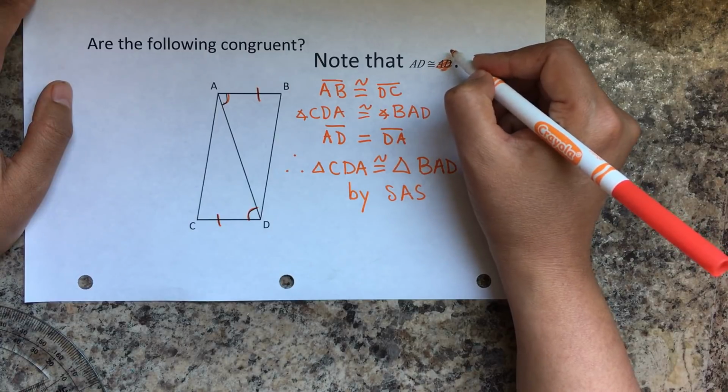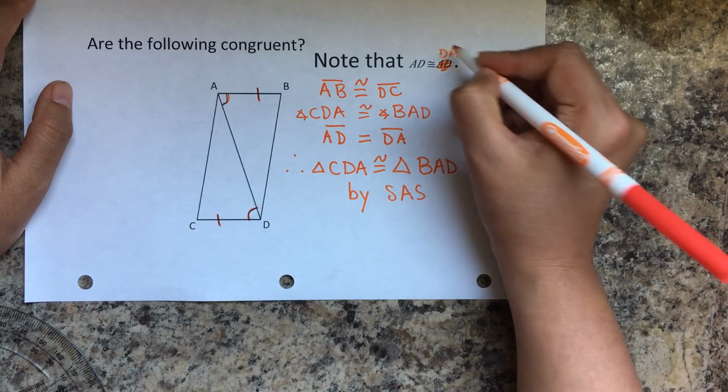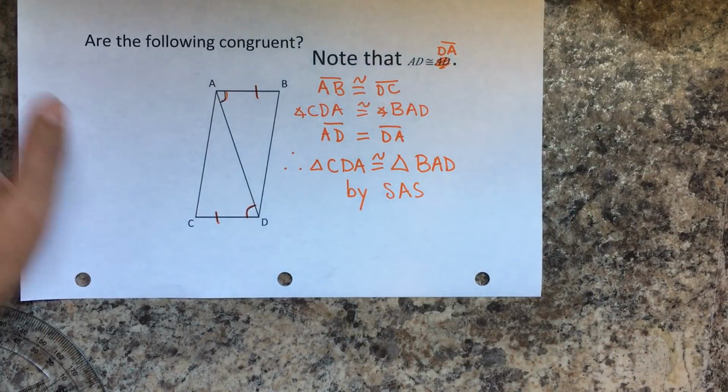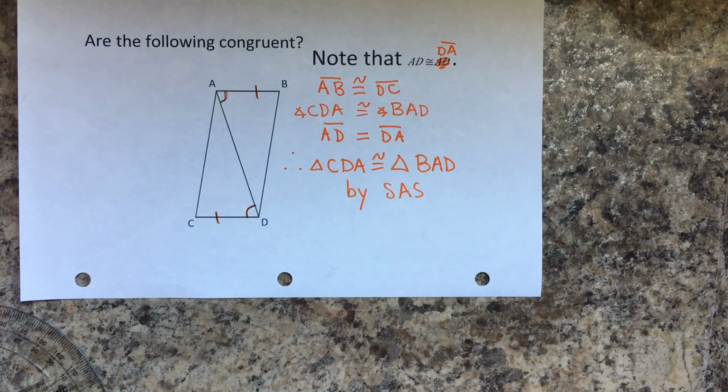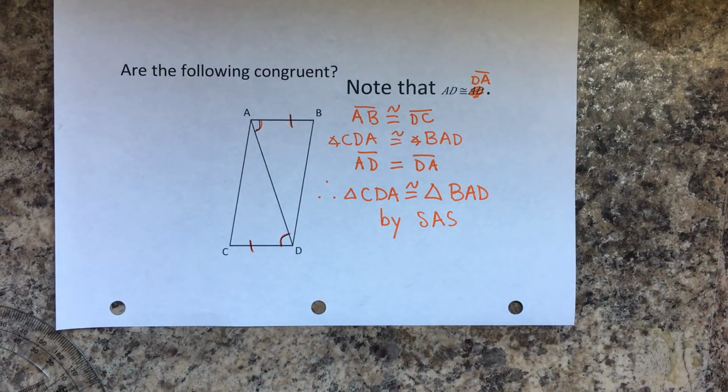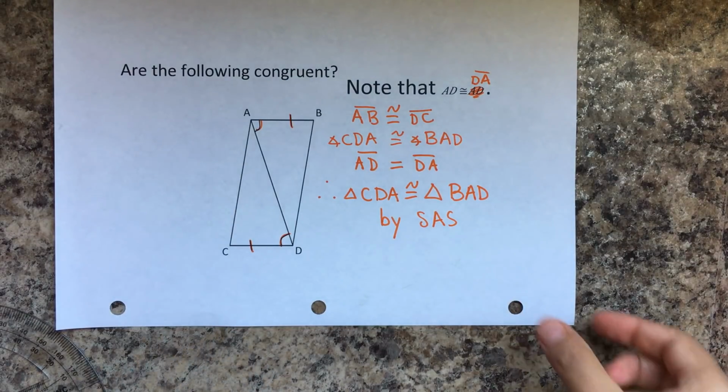Note that AD is congruent to DA, not AD to AD. So this is side, side, side, and side, angle, side, and you are now able to do 9.7.